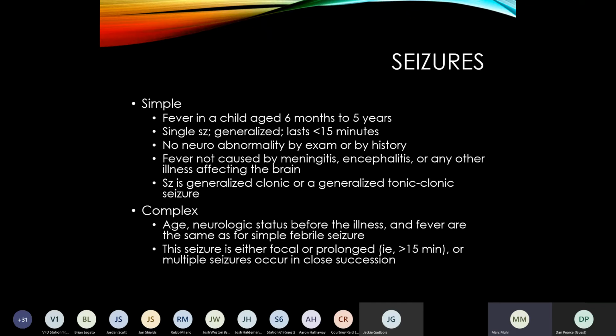Fever not caused by meningitis, encephalitis, or any other illness affecting the brain. History is important there. Determine were they sick previously. A generalized clonic or generalized tonic-clonic seizure. This is a simple seizure.